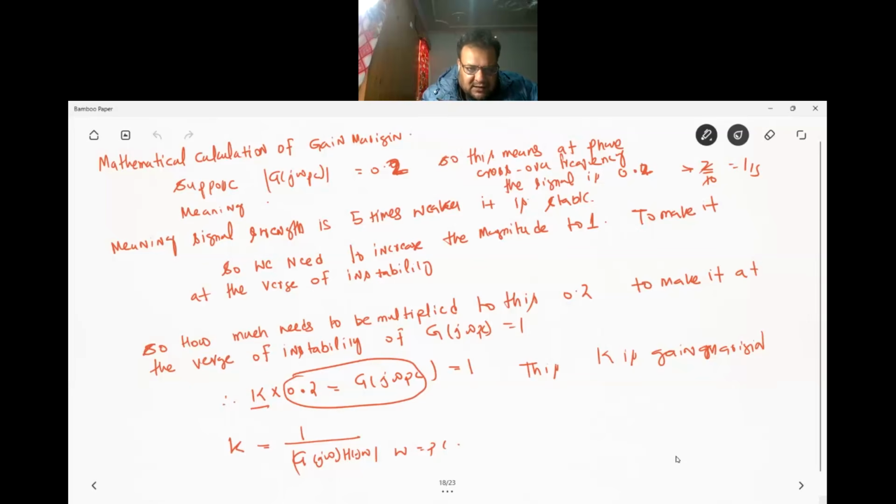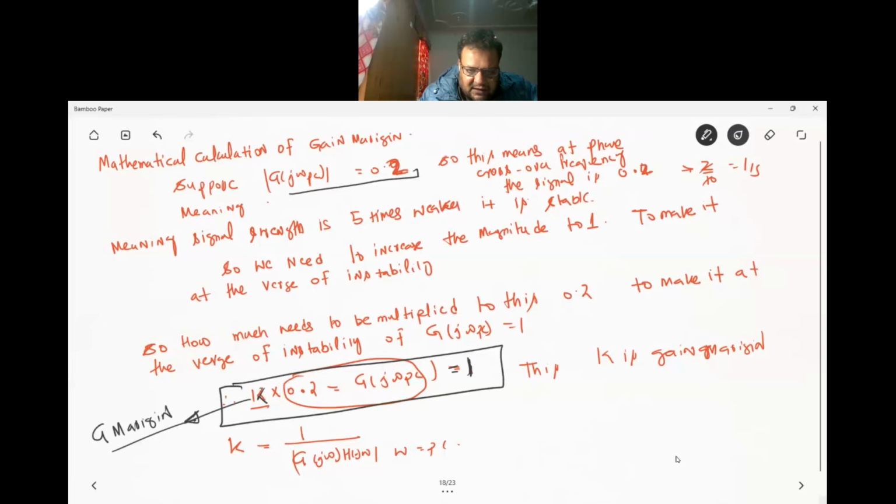Now about the mathematical calculation of the gain margin. Let's say our magnitude plot is this, and this G(j omega pc) is 0.2. Now we need this to be equal to 1. So in order to equal 1, I write this equation: k, wherein k represents your gain margin, is how much I have to multiply this 0.2 so that my magnitude becomes 1.